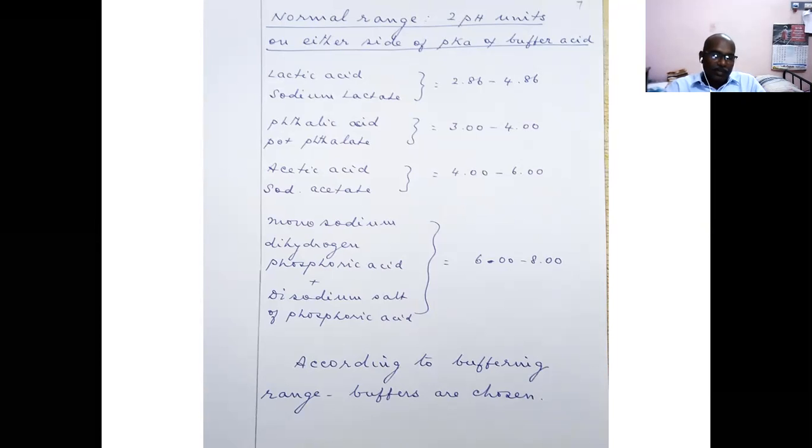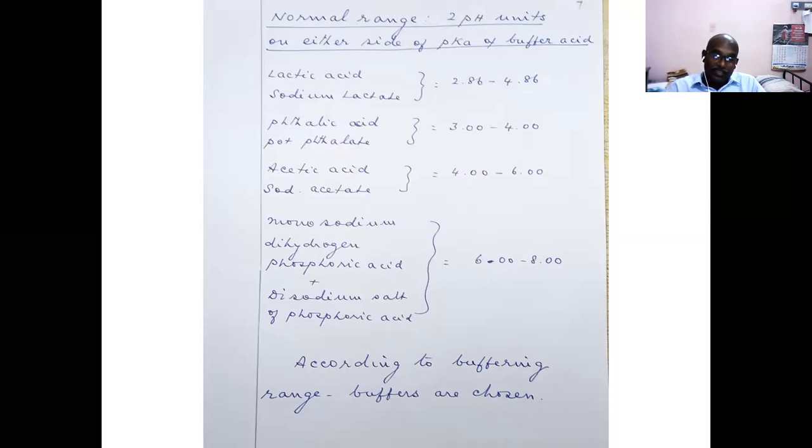See, suppose sometimes we suffer from urinary infection. Actually, the urine is supposed to be slightly acidic. If the pH of the urine changes, that will cause more problems. In such cases, normally we are given citric acid and potassium citrate buffers.